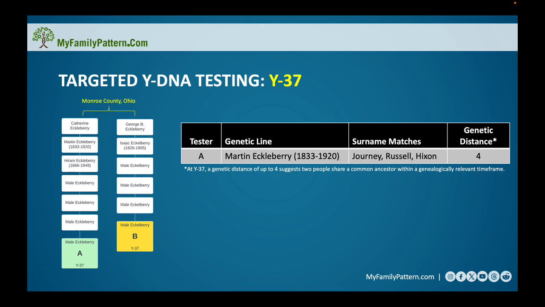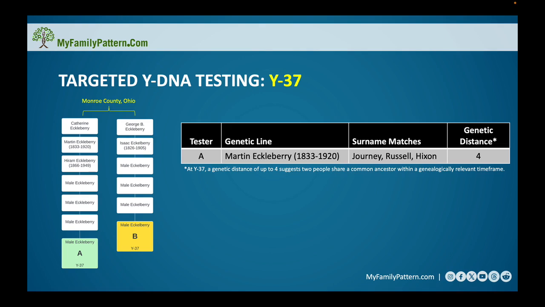But both Martin and the additional DNA tester I have, they have ancestral origins to Monroe County, Ohio, which is where Martin was indentured to William B. Wilson. So Eckleberry is not a common name. And so if I recruited from the same county, there's a great chance that they should be related on their Y-DNA if they are in fact.